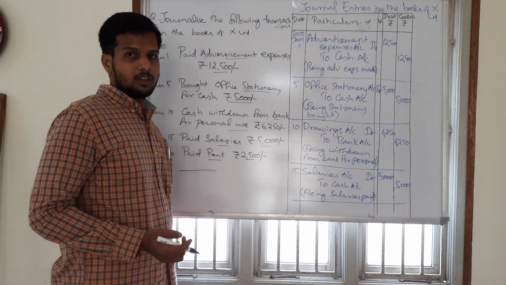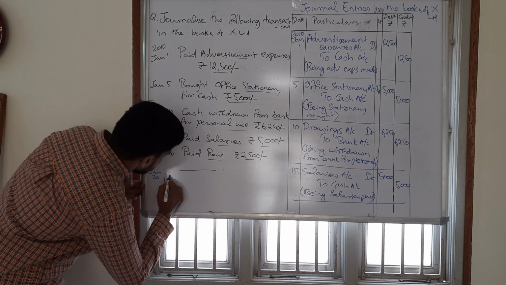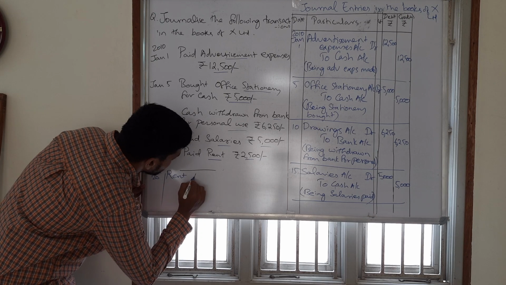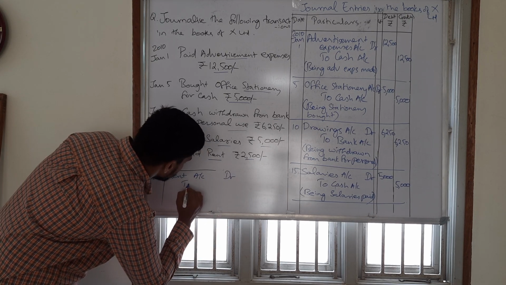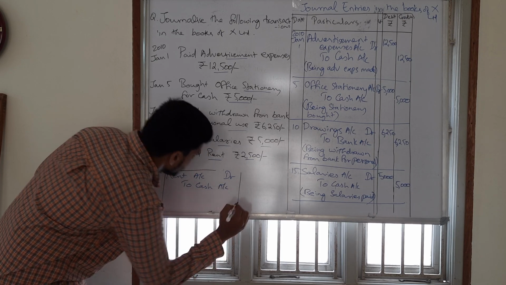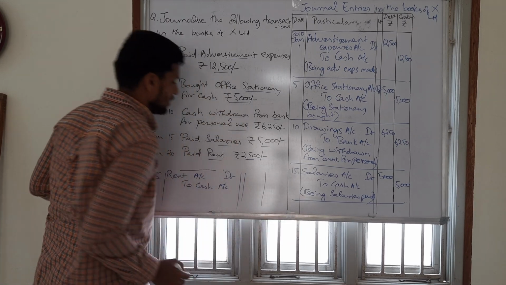And cash goes out of the business, so it should be credited. So the entry should be rent account debit to cash account. Ledger folio, debit column and credit column.